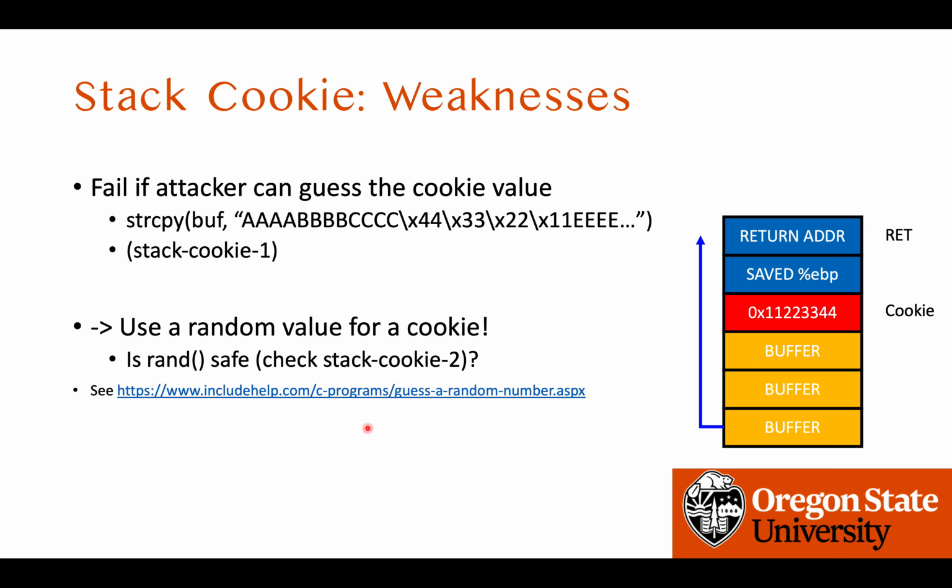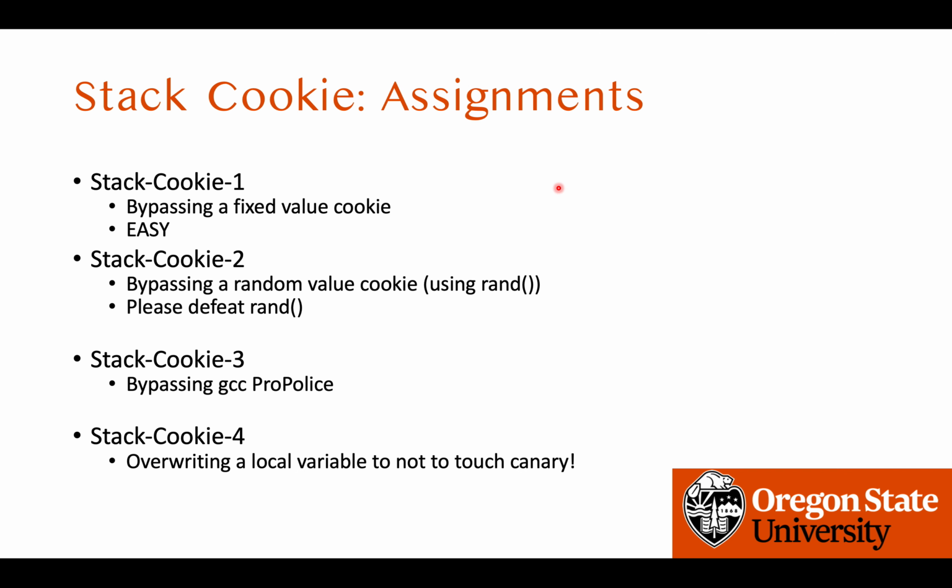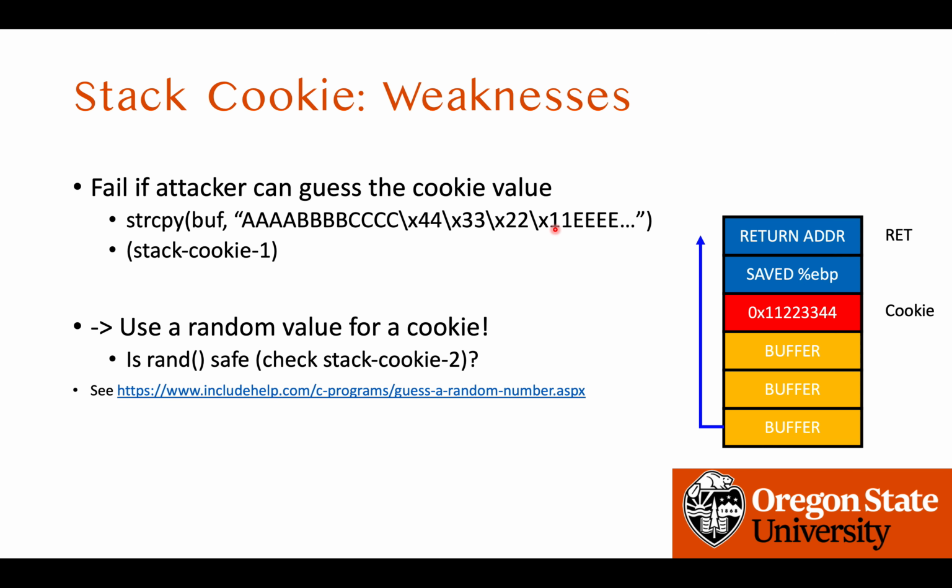First, it will fail if the attacker knows the cookie value. I told you that the assembly code for the stack cookie clears the value in EAX because leaking this cookie value could be a security vulnerability for attackers to exploit. For example, suppose we use a fixed cookie value, 11223344, like this.